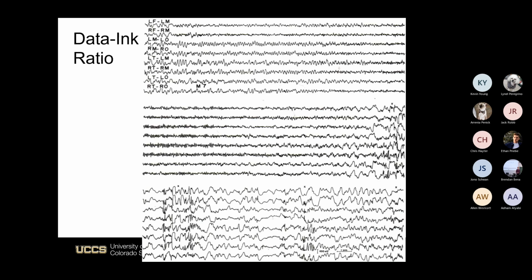Now, what do you think is the data ink ratio? Based on the explanation that I just gave and the formula that we just stated, I can also ask this question in this way: how much redundant information do you see in it?